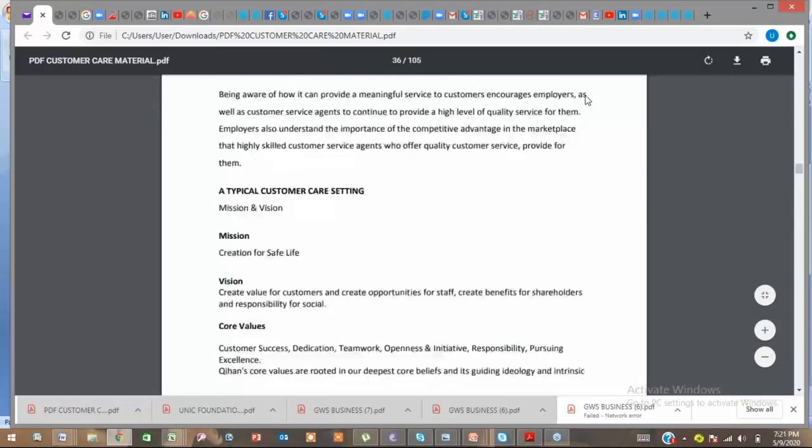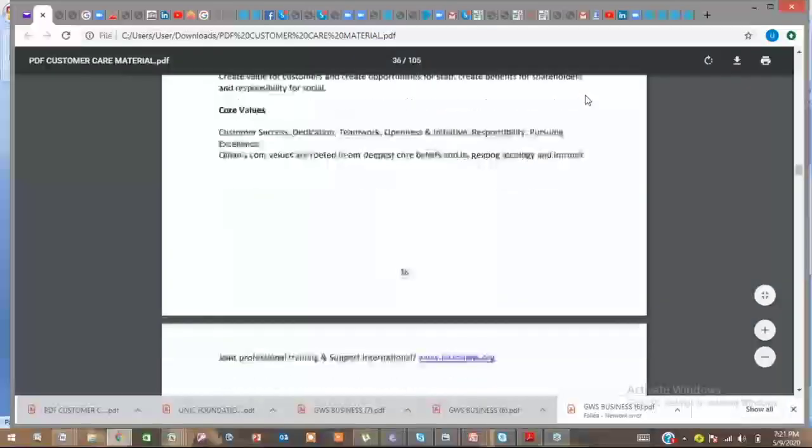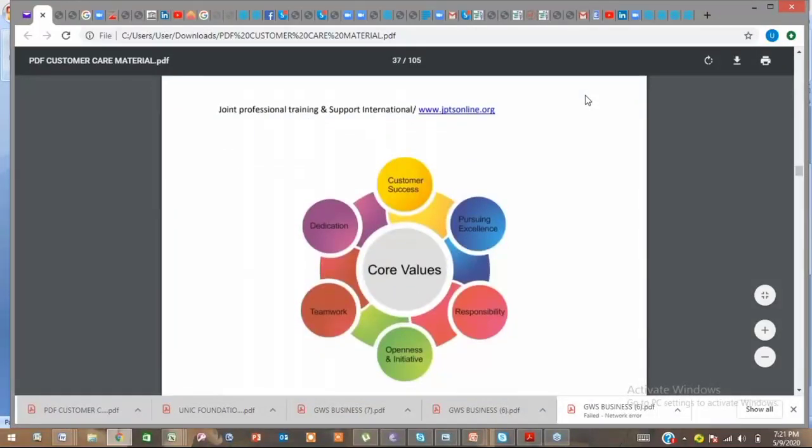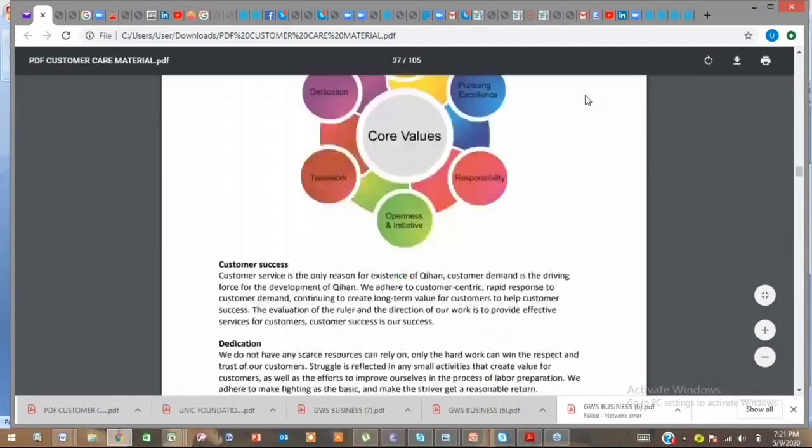Mission. Before you can set up a CRM, you must understand the mission, the vision, the core values. What are we trying to do? Look at this diagram.